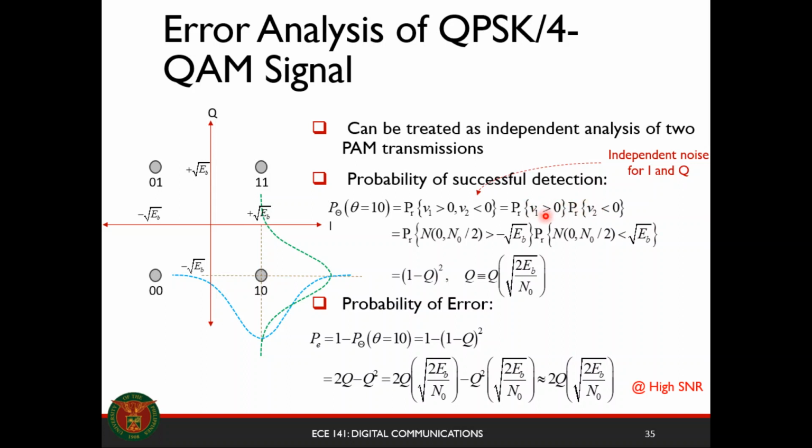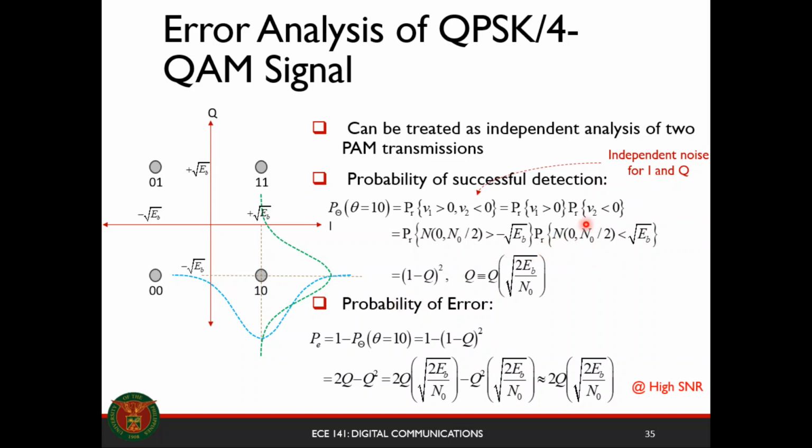Okay? So this will just be equal to the probability of the noise crossing over the boundary in your Q axis right here. Since these two are equidistant from the Q axis, the first term here is the probability that your signal crosses over the boundary, which is the Q axis.